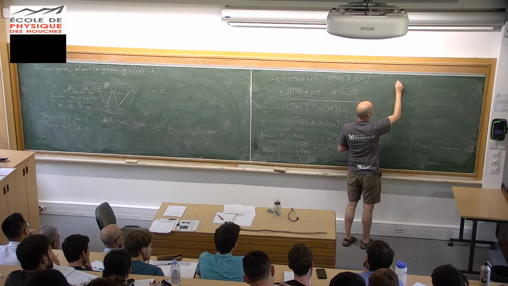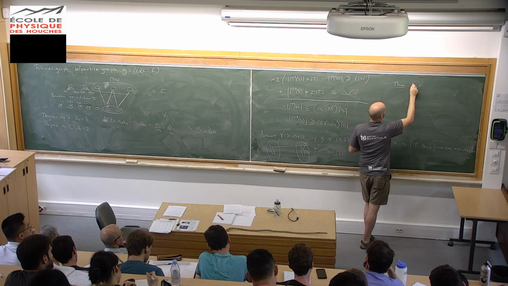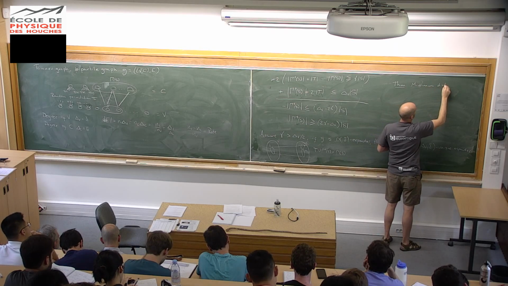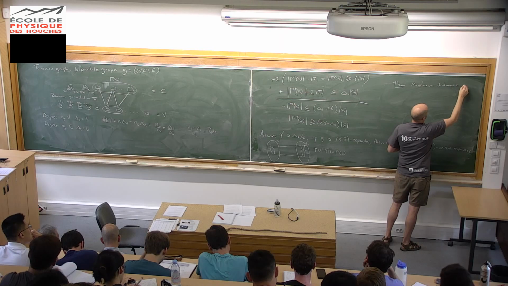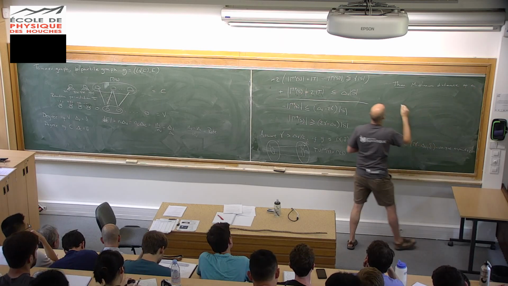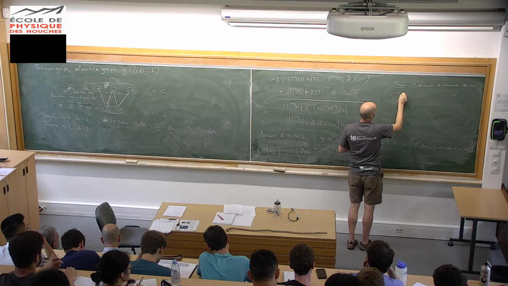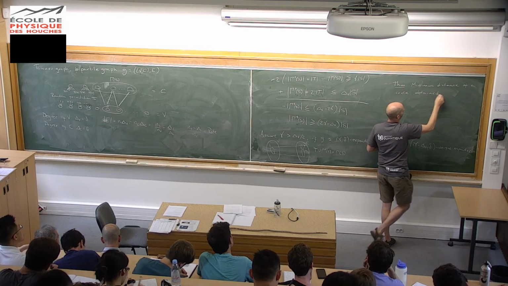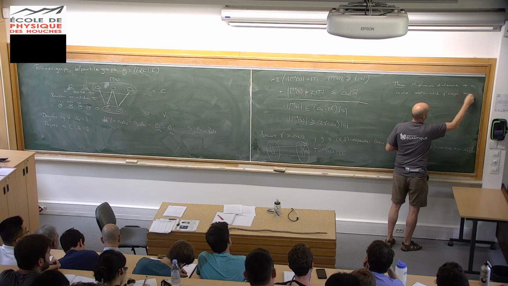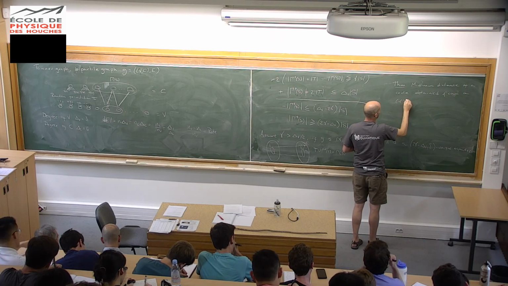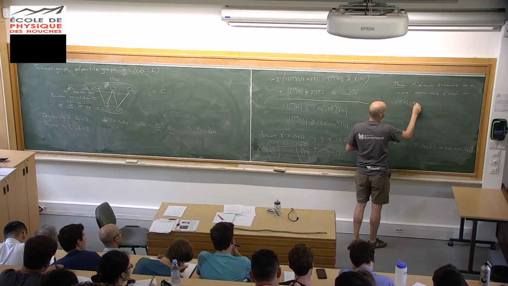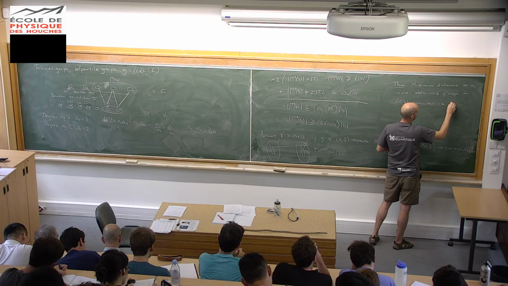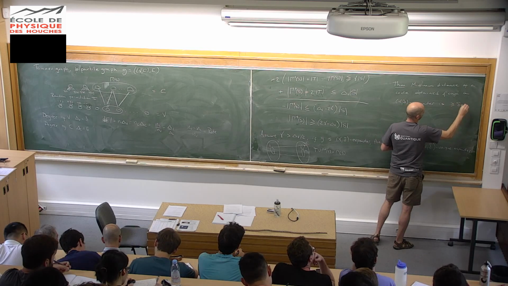So we have a theorem: the minimum distance of a code obtained from a gamma delta expander is at least delta n.